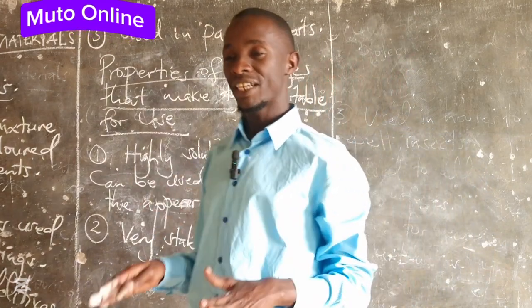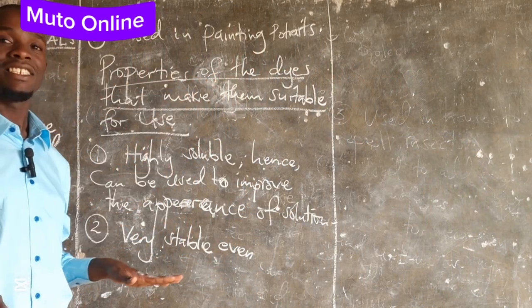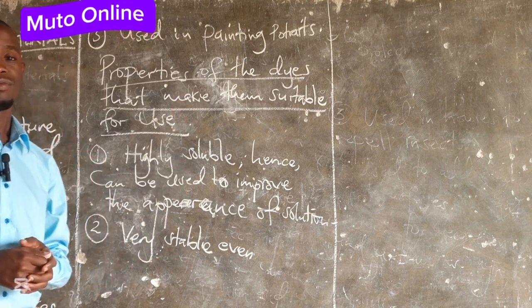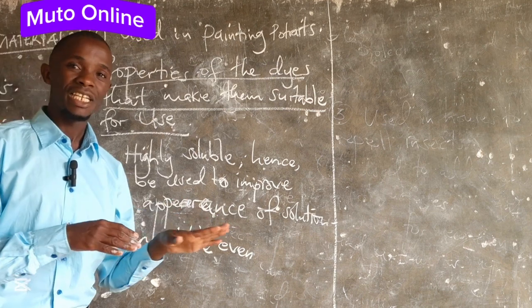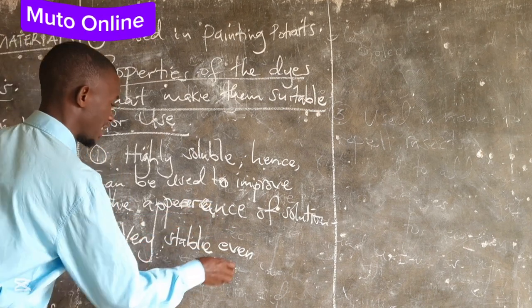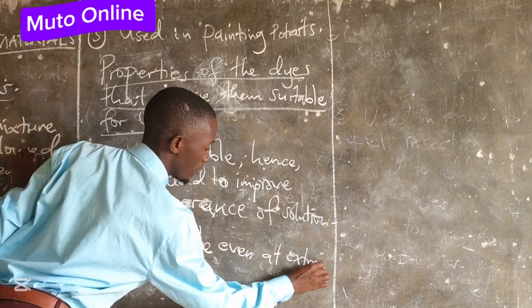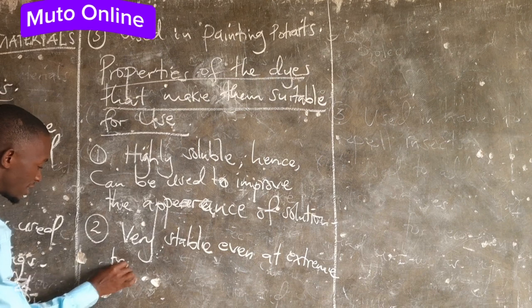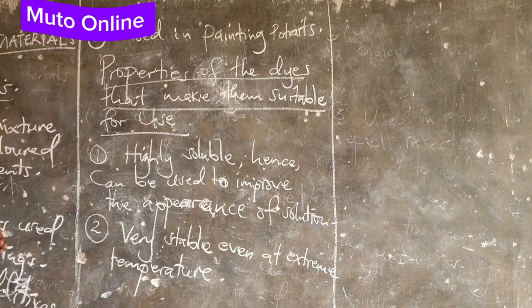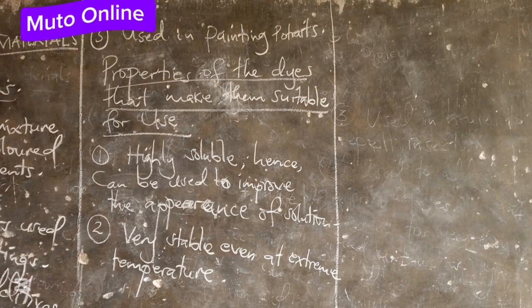If the dye is pink, even if you heat to 100 to 1,000 degrees Celsius, the dyes remain pink. They are very stable. Nothing like temperature can alter the chemical properties of dyes. So they are very stable even at extreme temperatures. Whether extreme coldness or heat, the dyes will remain with their chemical properties. Hope we are following.